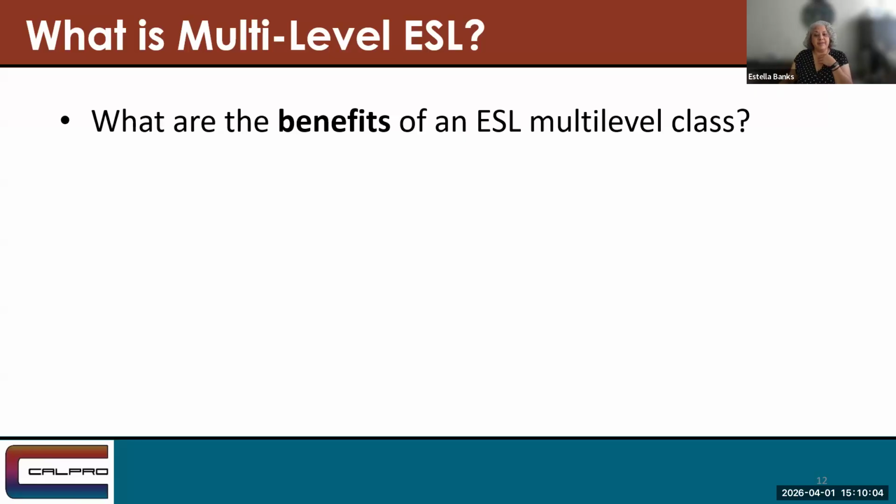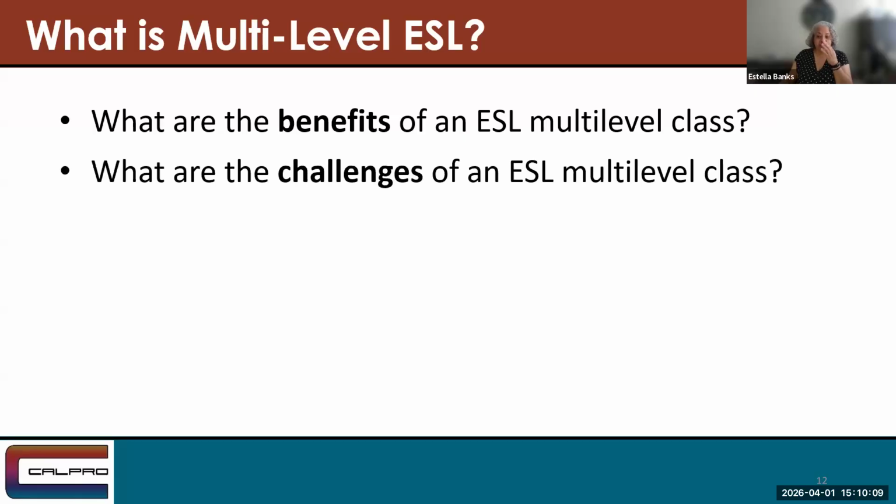Okay, great. And so then, what are some of the challenges of a multi-level ESL class? Another benefit is having students collaborate and clearer understanding. So now the challenges of a multi-level ESL class. No course outline. Okay. More resources need to be created.